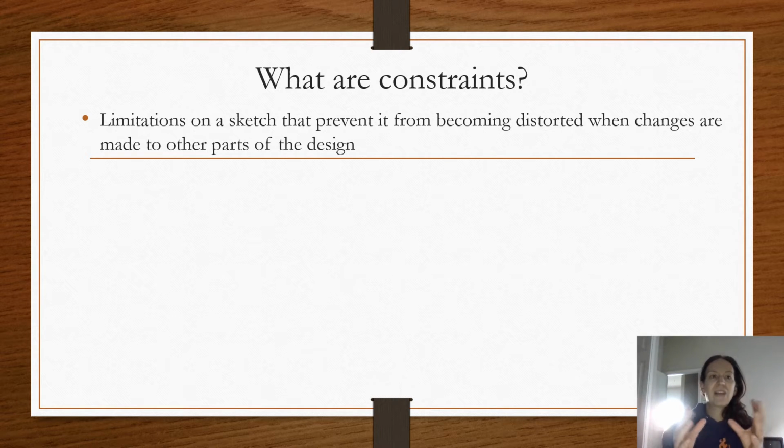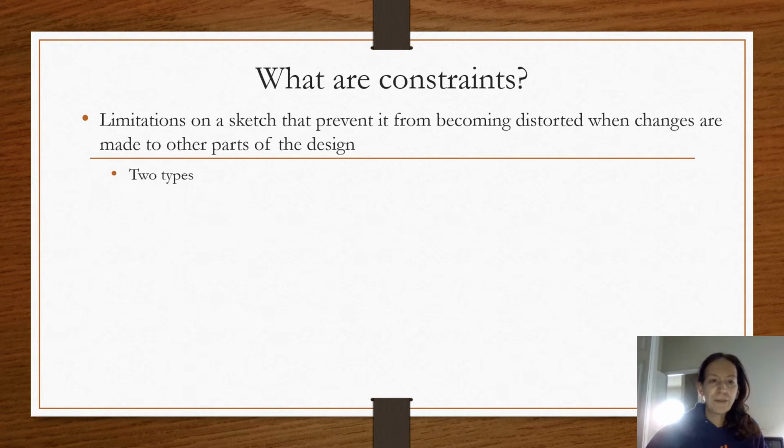But you've got segments and angles and curves and pieces of your sketch, and you want to make sure that you restrict what those can do or how they have to be in the sketch. Okay, I probably messed up that definition a bit.